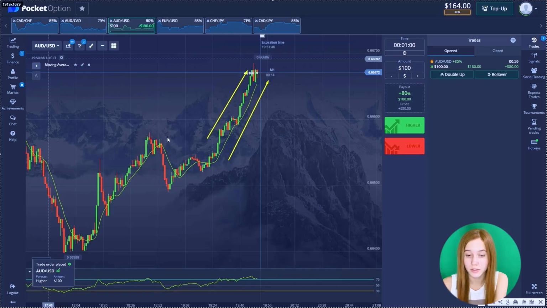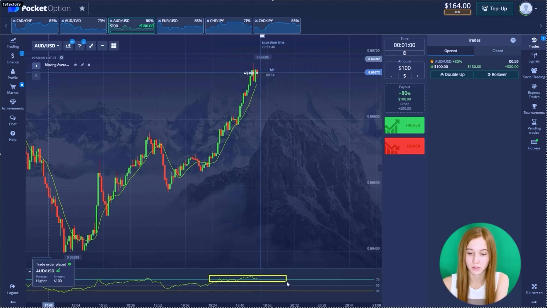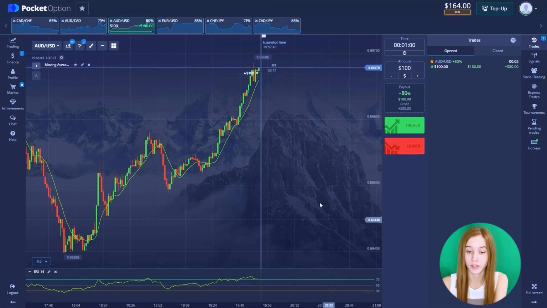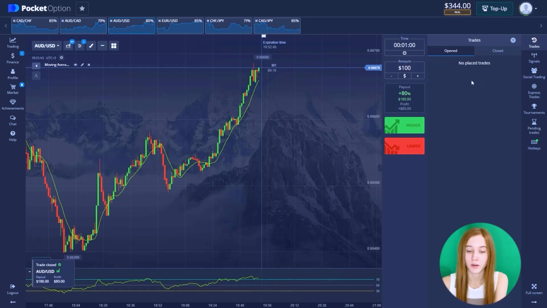Green bars, quite correct. So we opened correctly. RSI is in the down position because of a red candle. We are near the overbought zone. Yeah, great. Plus, the deal profit is $80.